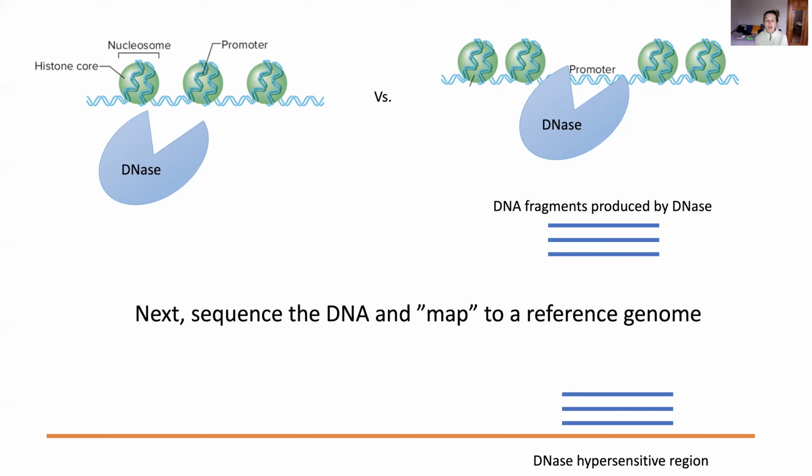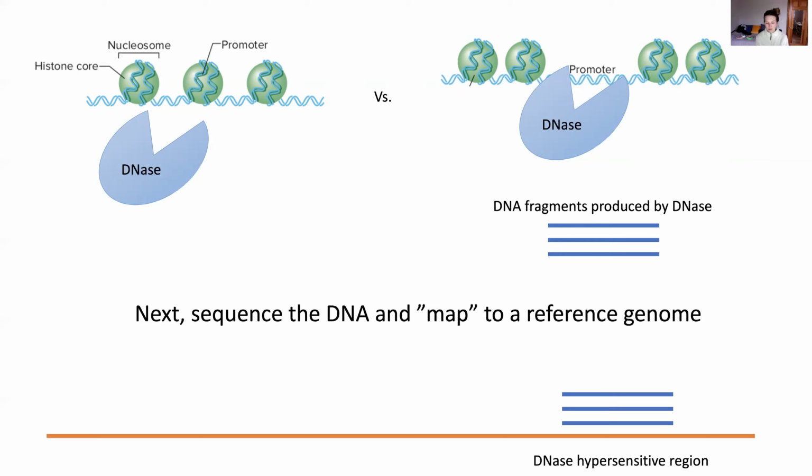And so we might call that our DNase hypersensitive region. And what that would suggest to scientists is that that region of the DNA is open, and it might be somewhere that regulatory elements could bind, that promoters could bind, and that would be a more active region of the genome.